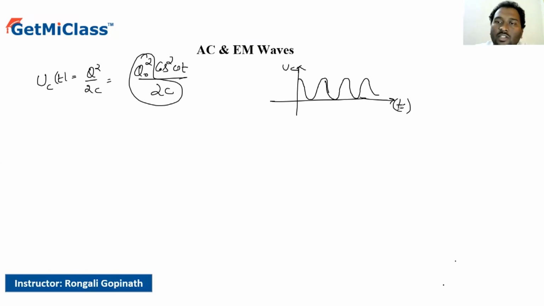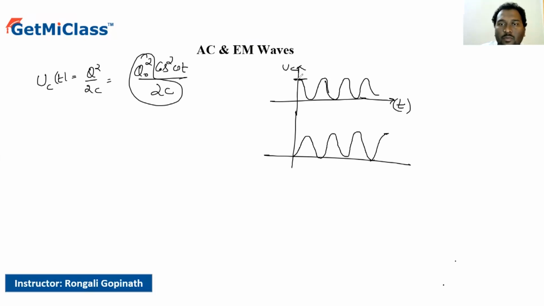Similarly, the energy in the inductor would also be of the same form, but in such a way that where the capacitor initially has maximum energy, the inductor initially has the least energy, so that the sum is always constant. That is what is important, right? This is about LC oscillations.